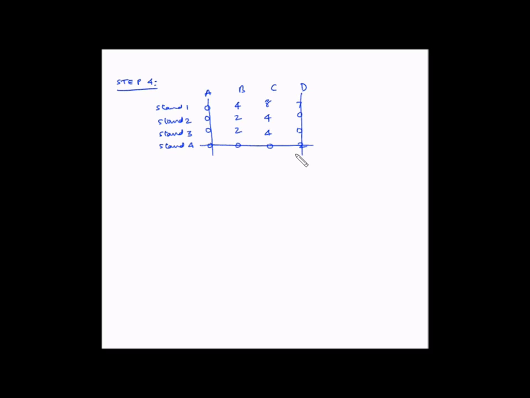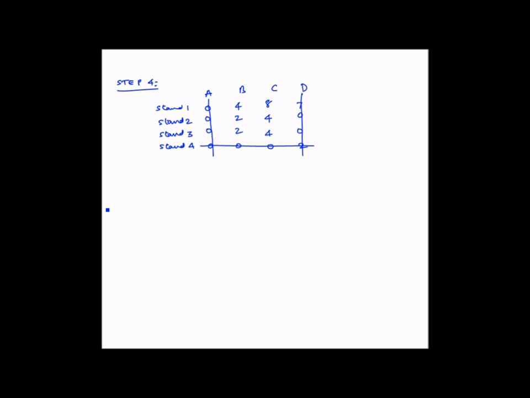Now we don't have any other zeros remaining, and all zeros have been covered by the straight lines. And the number of straight lines is 3, while the rows and columns is 4. So basically the optimal solution has not been reached. So let's now move to step number 5.